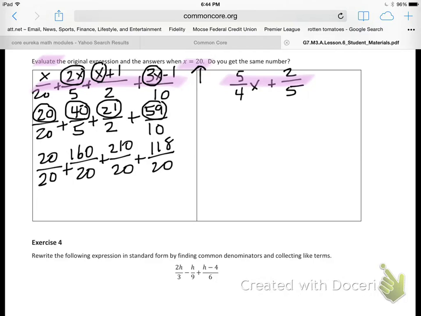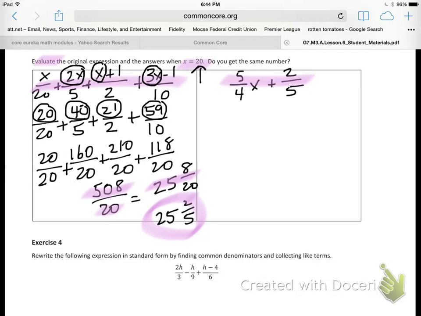And if I add all those up, I'm going to go away and add them, come back. I went ahead and just finished it up as well. So I added all those numerators up. I got 508 20ths, which is the same as 25 and 8 20ths, which is the same as 25 and 2/5. So that is my answer based on when x equals 20.